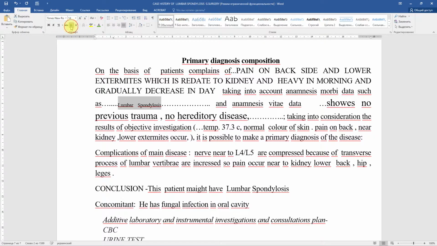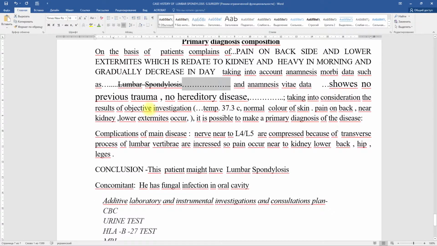So this isn't from this place. Once again, all those dots, I can't understand what they mean. No previous traumas, yeah, no hereditary disease. Once again, I don't know what this is for. Or did you want me to write something in here?